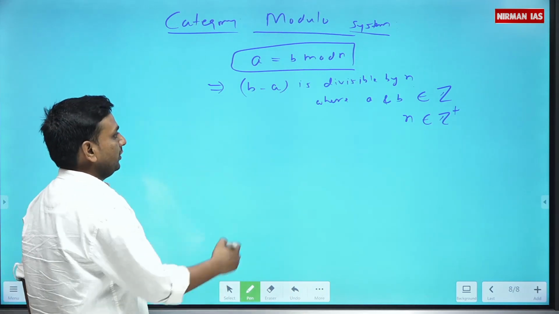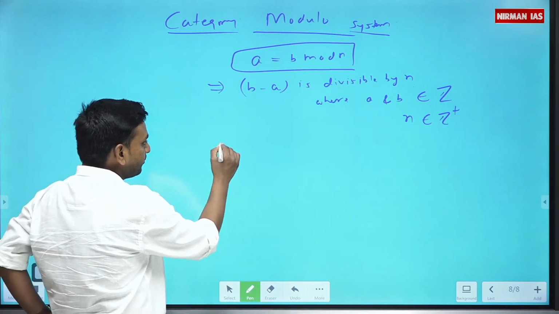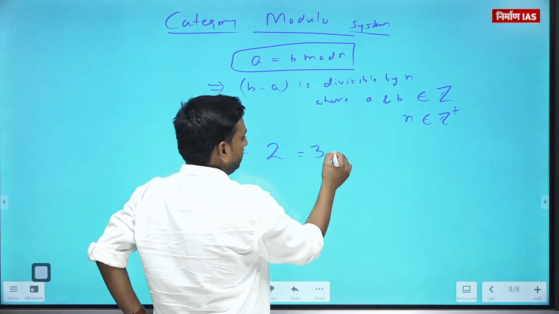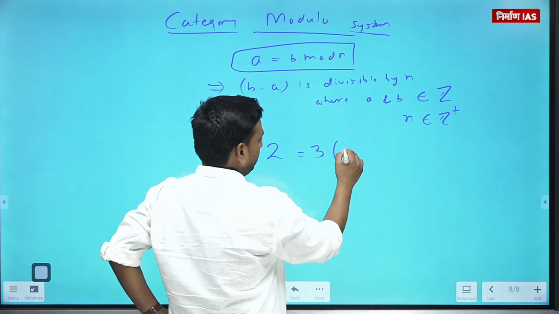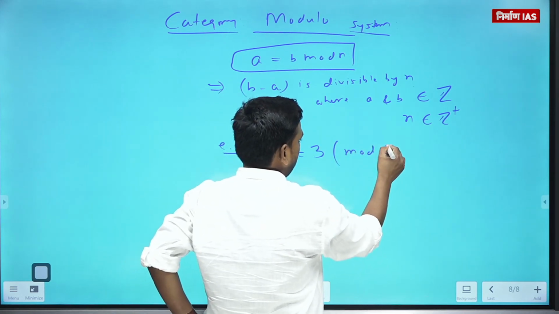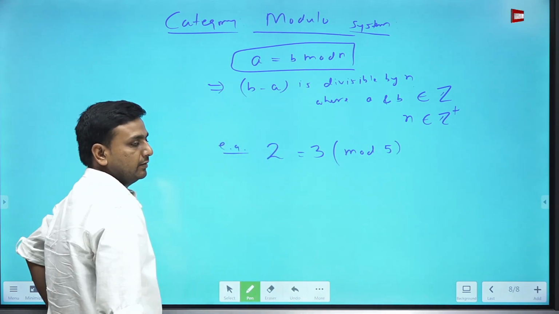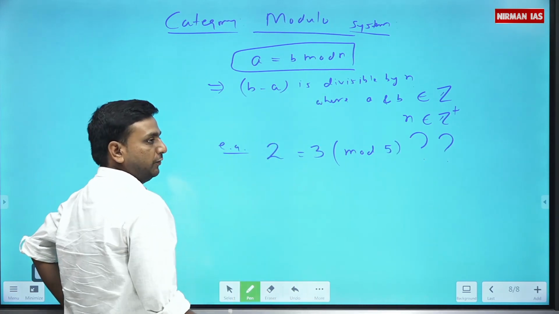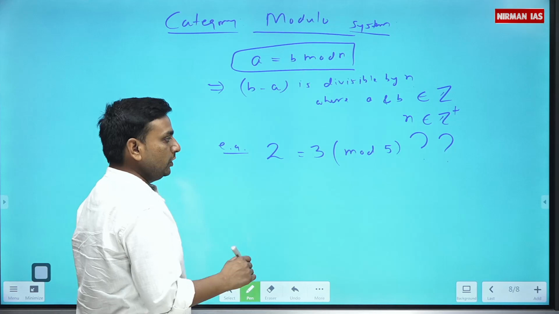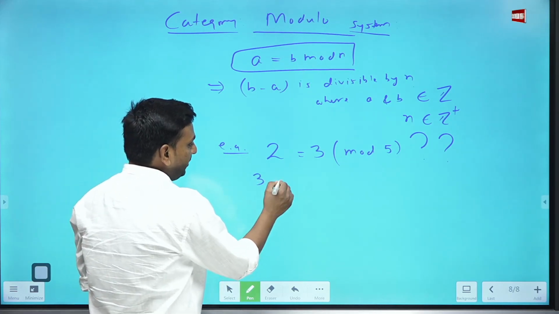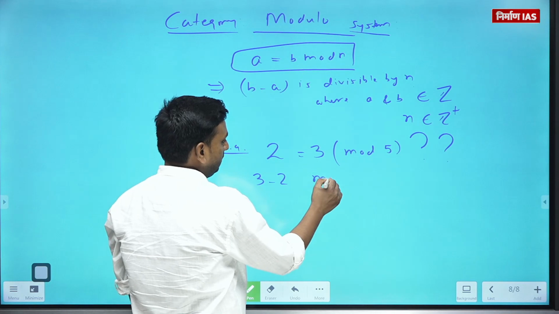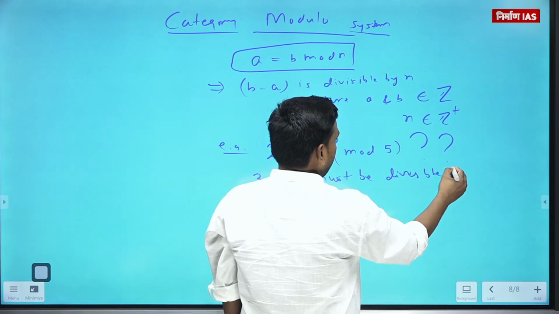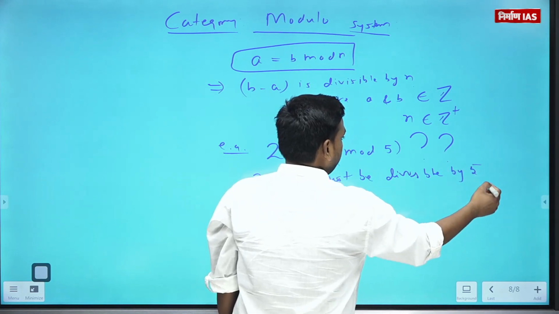Fine. So let's say 2 is congruent to 3 modulo 5. Is it correct? Please tell me. To check whether it is correct or not, 3 minus 2 must be divisible by 5.